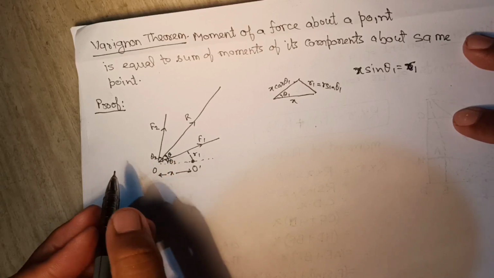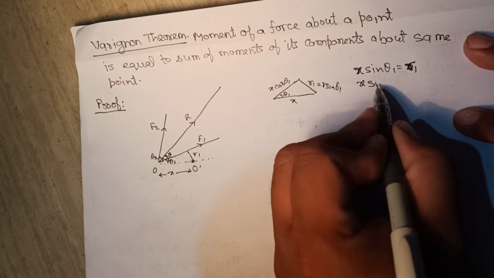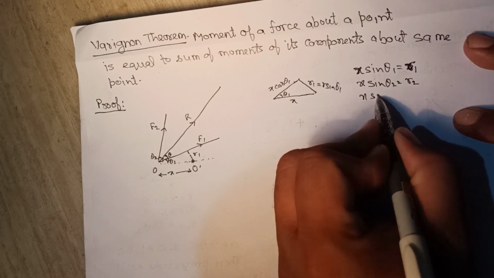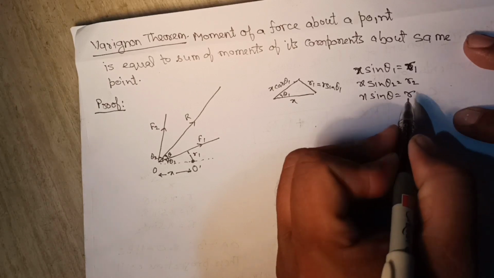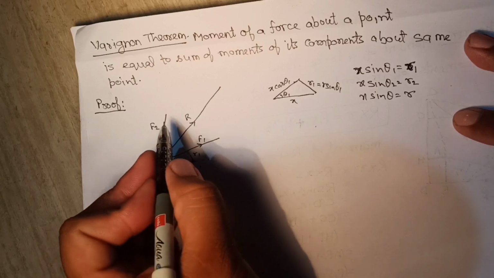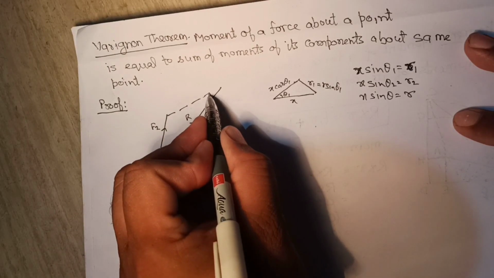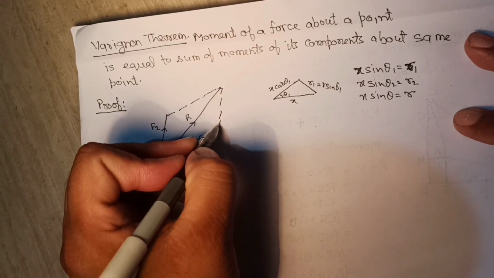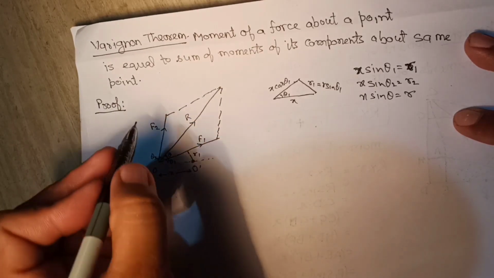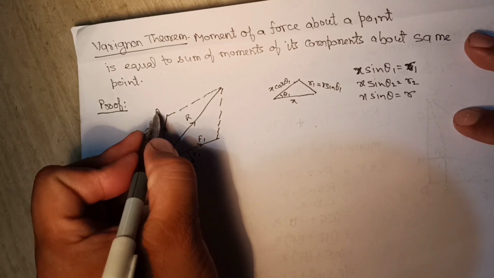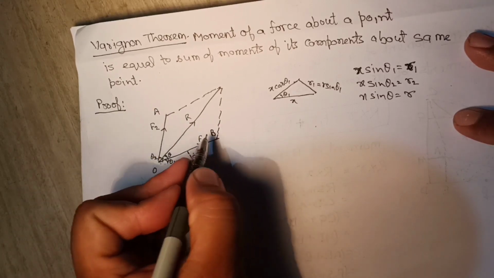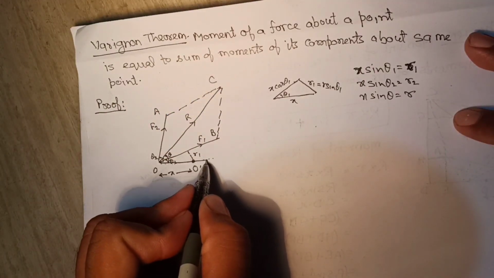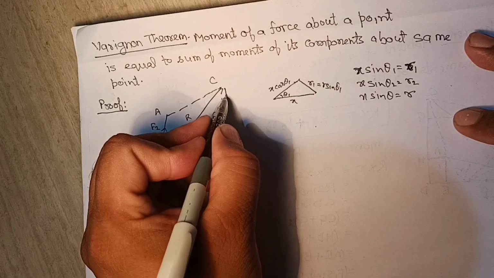Similarly, if theta is the angle of resultant R from horizontal and theta 2 is the angle of force F2 from horizontal, then we can say x sin theta 2 equal to R2 and x sin theta is equal to small r. So we have got these three equations from these three small triangles: x sin theta 1 equal to R1, x sin theta 2 equal to R2 and x sin theta is equal to r.